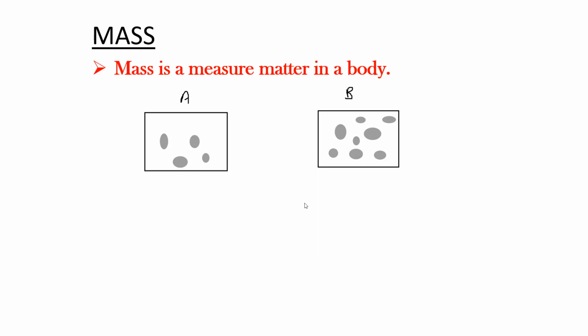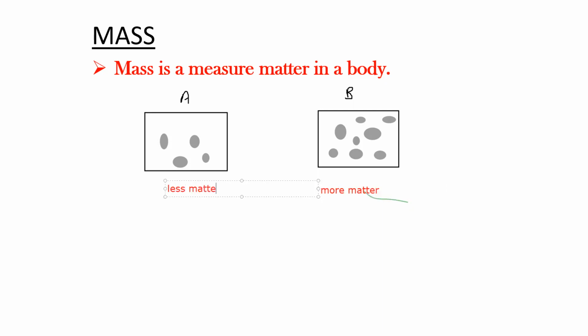Which object is having a greater amount of matter in it, A or B? So basically B is having a greater amount of matter, B has more particles, and the number of particles or amount of matter refers to the mass of an object. This has more matter, this has less matter.